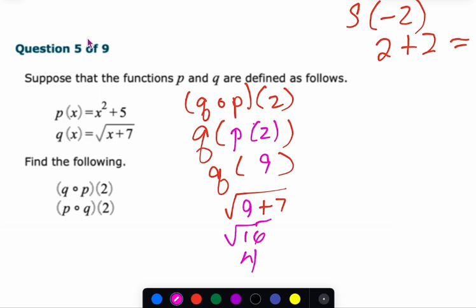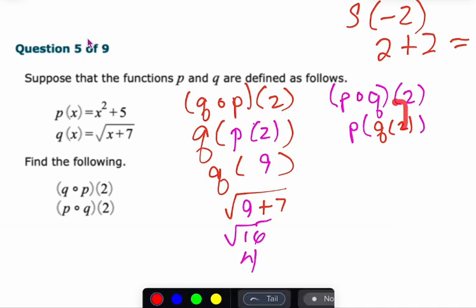Okay. Now be careful, because the next thing they asked us to find was P of Q of 2. When they ask us to find P of Q of 2, remember, we are going to take the P function and we are going to input Q of 2.